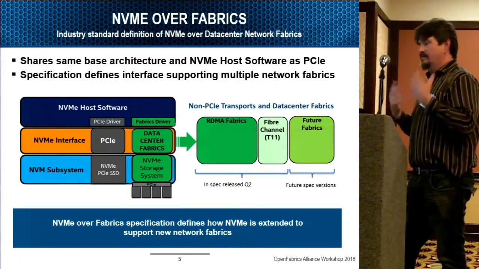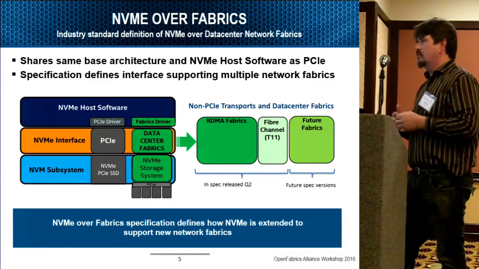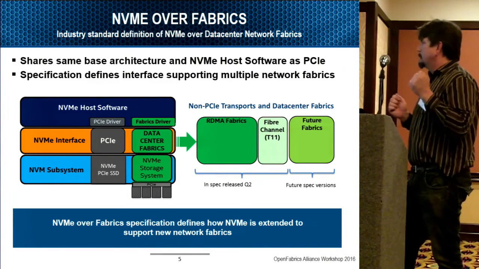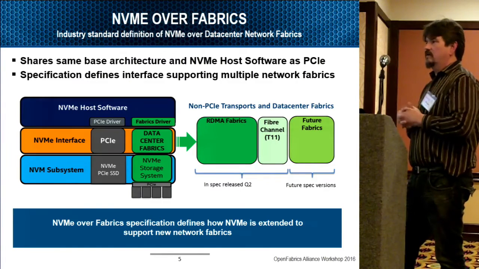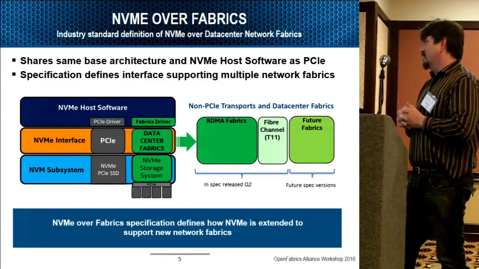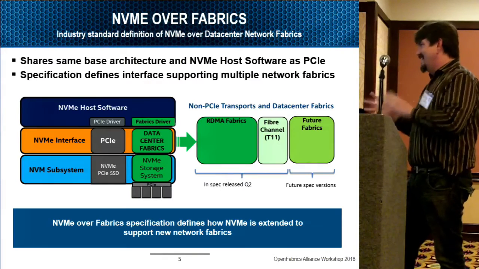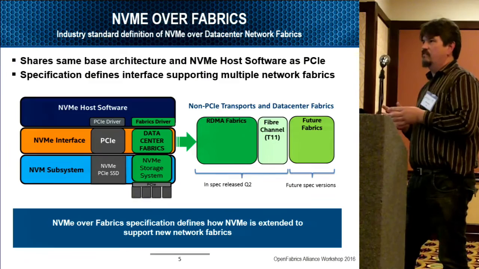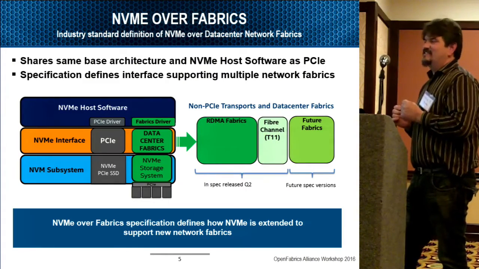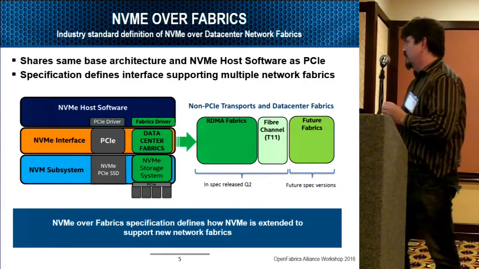This will work, and we've tested over InfiniBand, iWARP, RoCE. In addition, I know the Fibre Channel folks are developing a Fibre Channel NVMe Over Fabrics transport. Now, these are pretty easy to develop. The binding specification in the NVMe Over Fabrics is like 6 pages long. It's not that hard to develop a new transport.